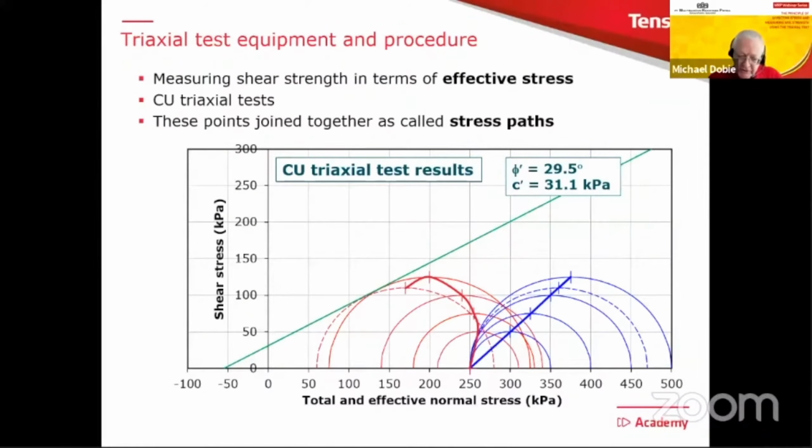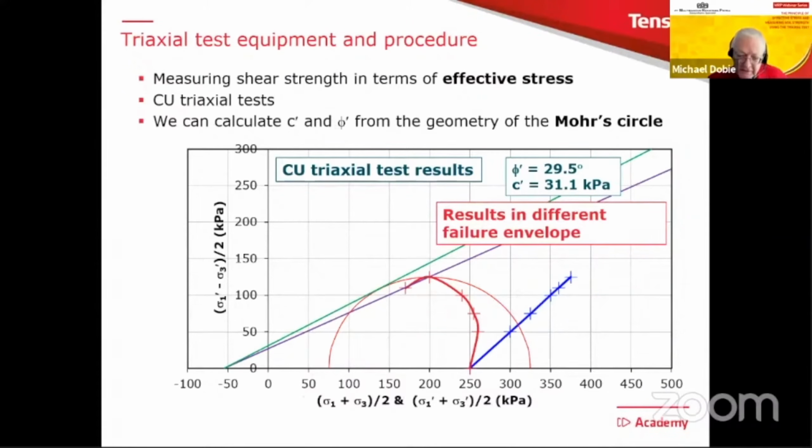And generally, when geotechnical engineers are looking at these sorts of tests, they want to see the stress paths. The stress paths tell you rather a lot about what's going on in the test. One thing to be aware of now is that if we only see the stress path, we can't measure C' and phi' directly from the geometry because our failure line will be the purple colored line there.